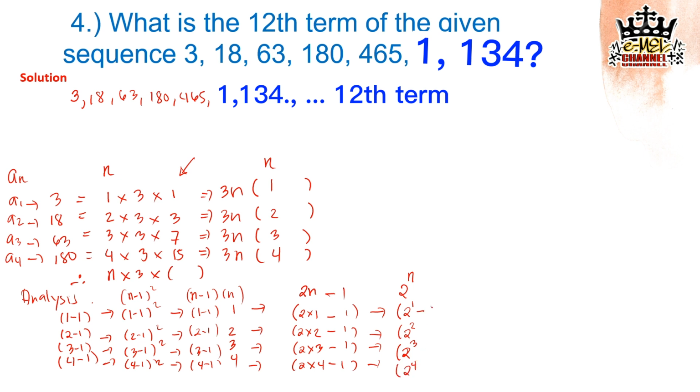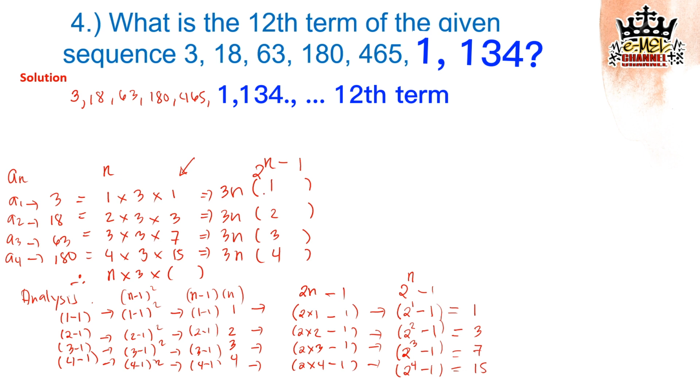And if we're going to subtract by 1, definitely 2 to the power of 1 minus 1 is 1. 2 to the power of 2, 4 minus 1 is 3. 2 to the power of 3 is 8, minus 1, 7. 2 to the power of 4, 16 minus 1, 15. It gives this column.